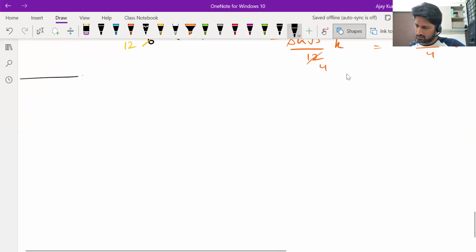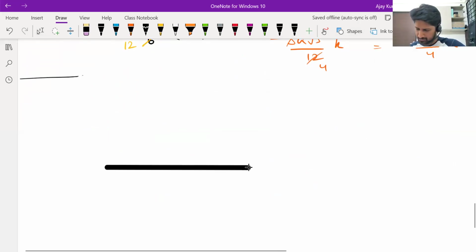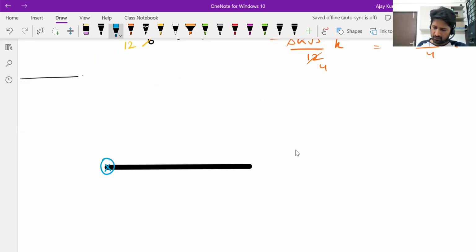Next, consider this situation. Suppose there's a rod, and you are given this as the axis. The rod is hinged at one end. And let's say there are multiple forces acting on it. I'm giving you all forces perpendicular to the rod itself. Let this be F. And where is it acting? At a distance, say L by 3, 1/3 of the length.